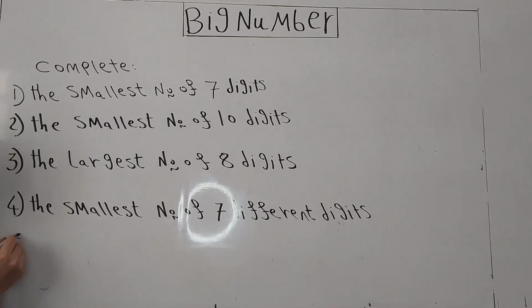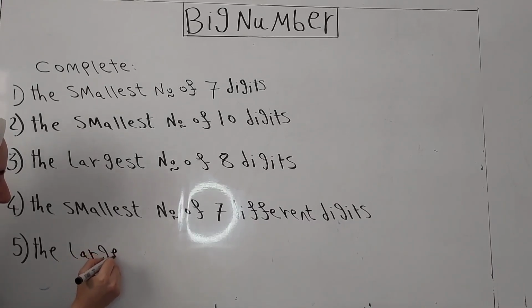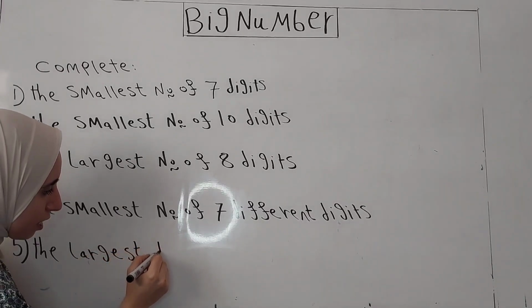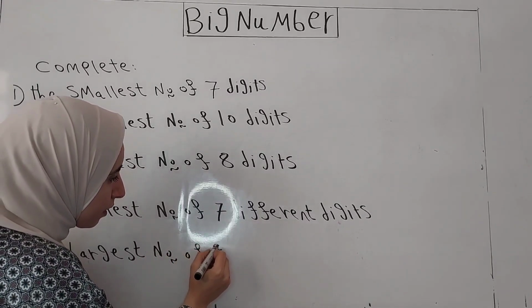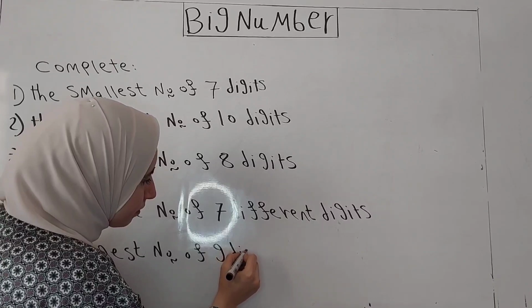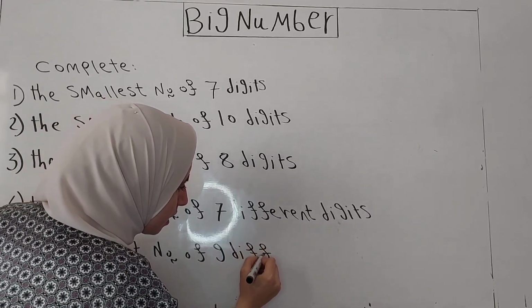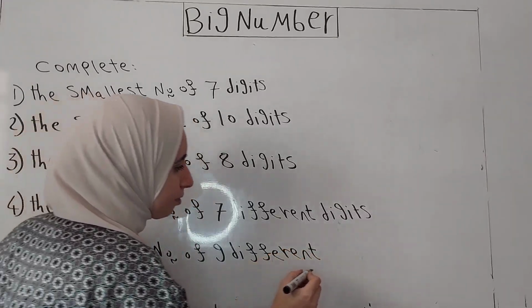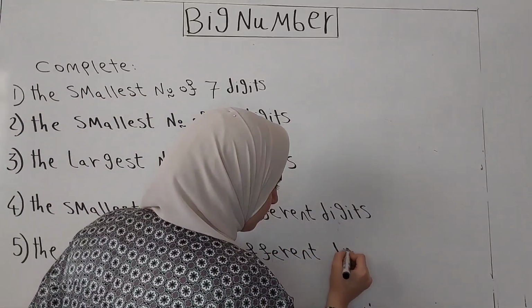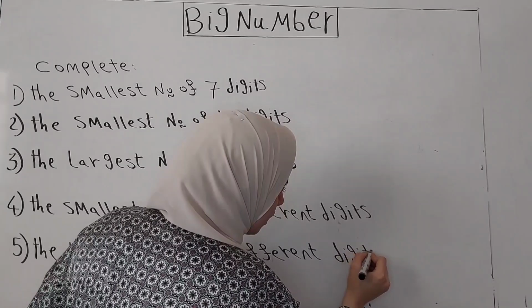The fifth one, the largest number of 9 different digits.